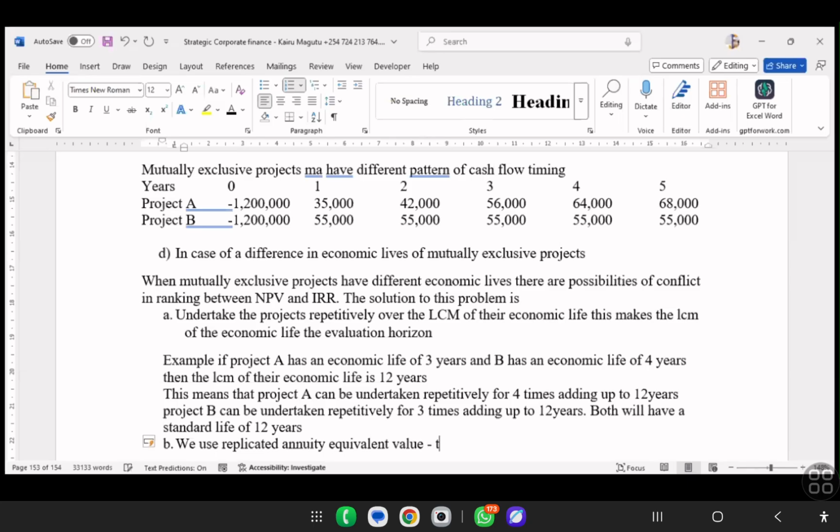We say that this applies when the lives of the projects are too lengthy.